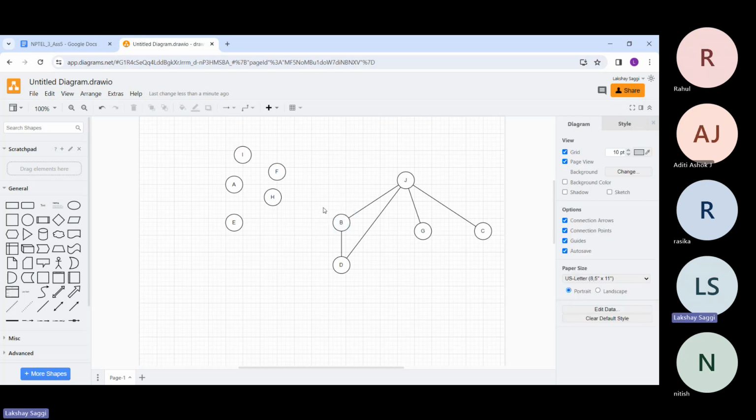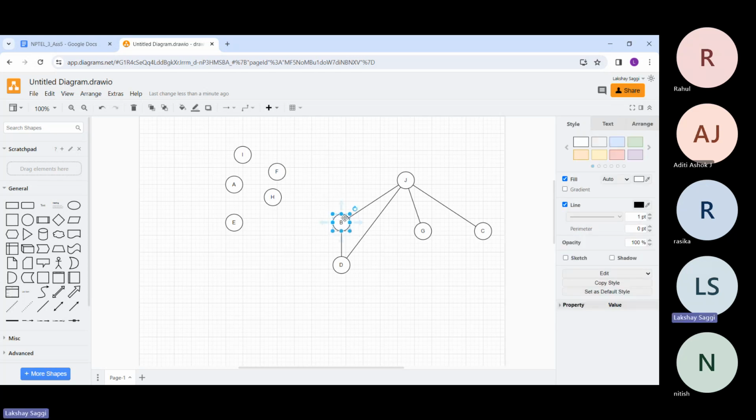And now as soon as we go to B, we'll be going in DFS to D from B directly, right? So since B was at a distance of 1, D will be given a distance of 2 now, if we go using DFS. But actually we know that there is a shortest path of length 1 between J and D, which is just using this edge.